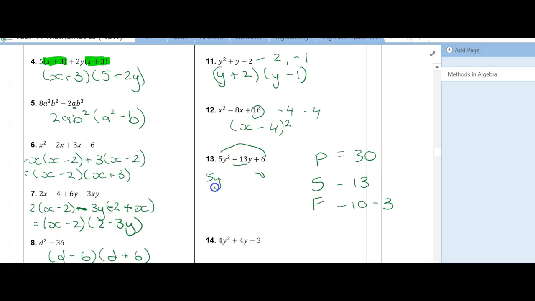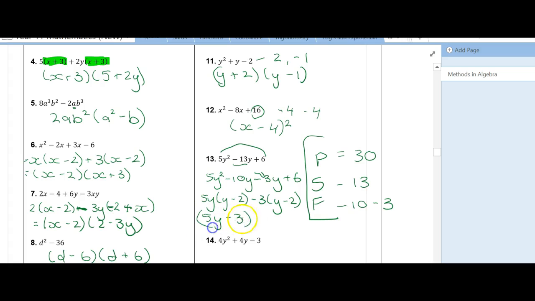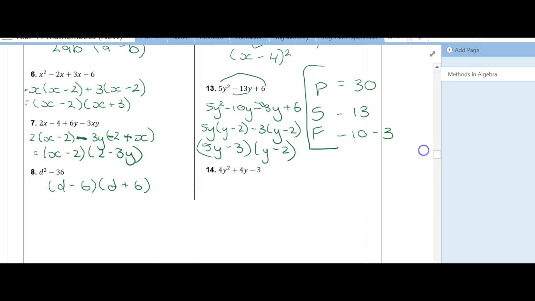So I've got 5y squared minus 10y minus 3y plus 6. I use this to find these 2 middle terms, so then I can group in pairs. 5y(y minus 2) minus 3(y minus 2), and I've got (5y minus 3)(y minus 2). Again, I don't mind how you do it, but you need to get good at it.